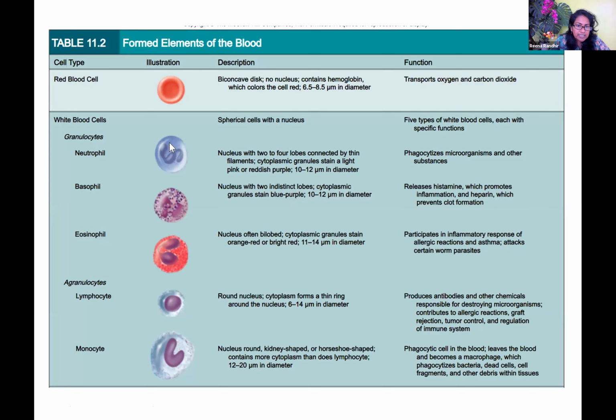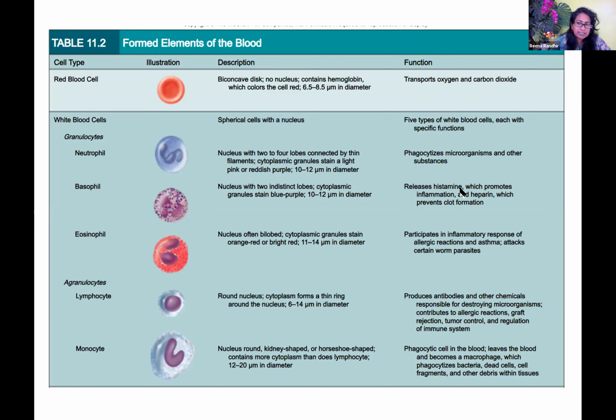You can see the multi-lobed nature here in neutrophils, and all the dots are these granules. Basophils also have two distinct lobes. They have cytoplasmic granules, and they are involved in your inflammatory response.